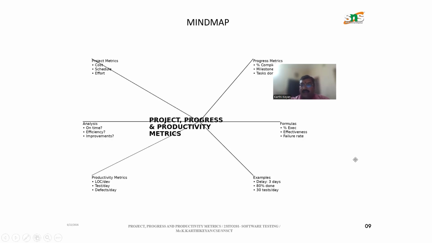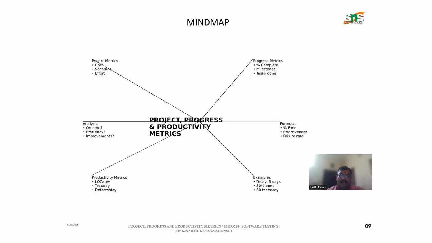This is my mind map, to help my students understand easily: progress metrics, formula, example, productivity metrics, analysis, project metrics. First, progress metrics: percentage completed per day, what is the milestone, what task must be completed today or tomorrow. Formula: percentage execution, effectiveness, fail rate.